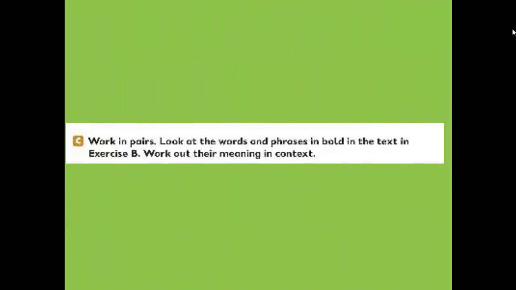Now, practice number C. Work in pairs. Look at the words and phrases in bold. Bold here means the darkened words. Yes, in the text in exercise number B, work out their meaning in context.